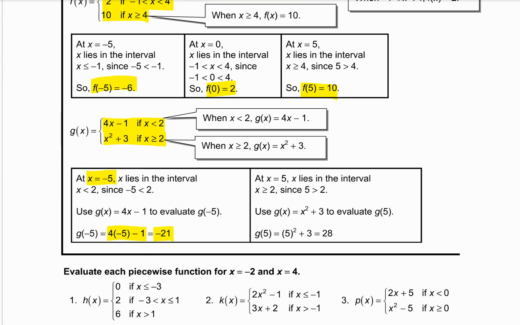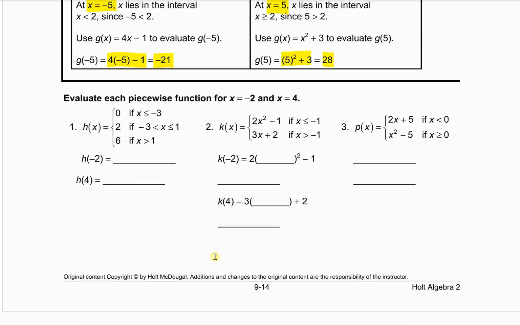And then if we have positive 5, like we do over here, positive 5 is greater than or equal to 2, so I'm going to use the squared portion here, and it's going to be 5 squared plus 3, that's 25 plus 3, 28. So evaluating these, it's not really all that tough. You just got to check which interval your value belongs to.